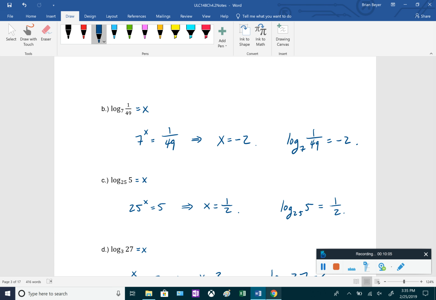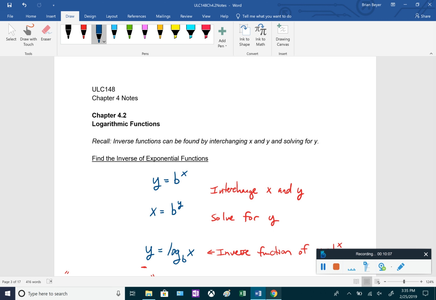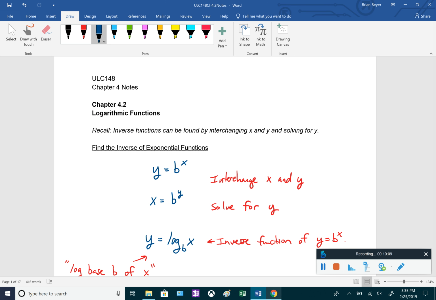So just a quick little sidetrack here going up to the top. Logarithm is a pretty weird word, as I'm sure you already noticed. The origin for it comes from logos and arithmos, so it's Greek. Logos means ratio.